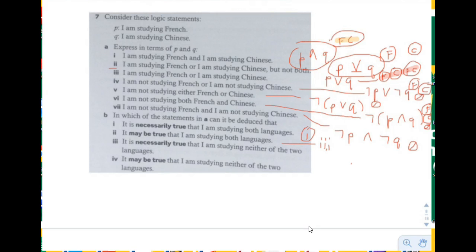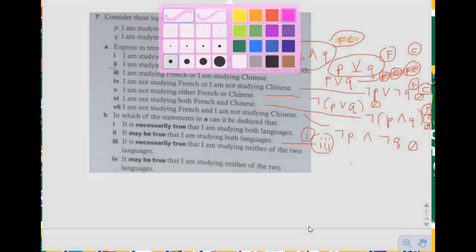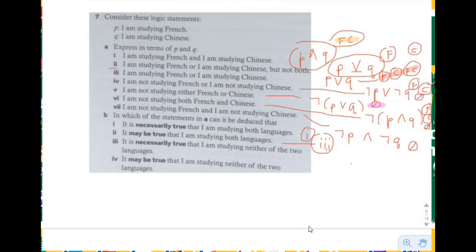Okay, and then it is necessarily true that I am studying neither of the two languages. Neither of the two languages would be the empty set symbol. So that would be this one, or that one, or that one. Oh, but they say necessarily true. So the necessarily true ones would just be that one or this one, right?